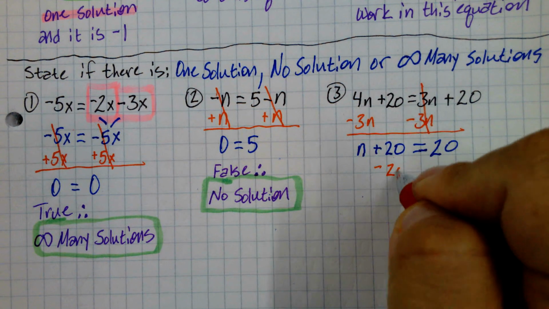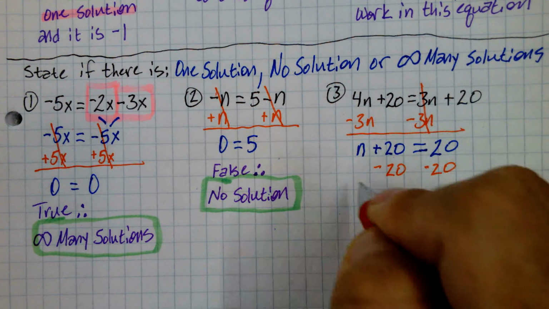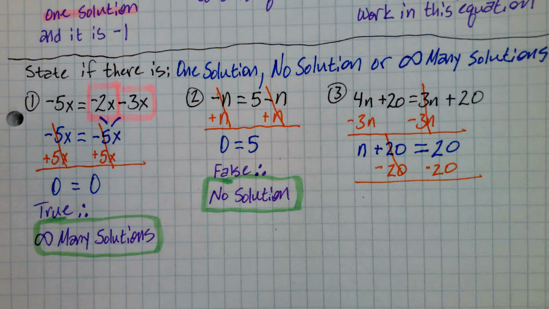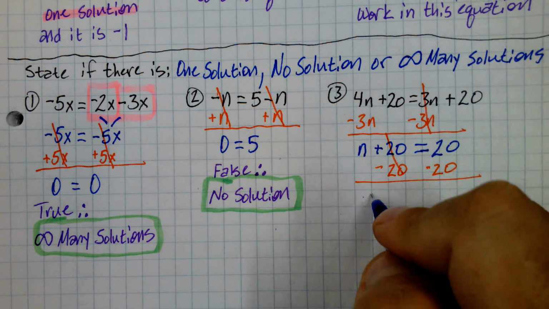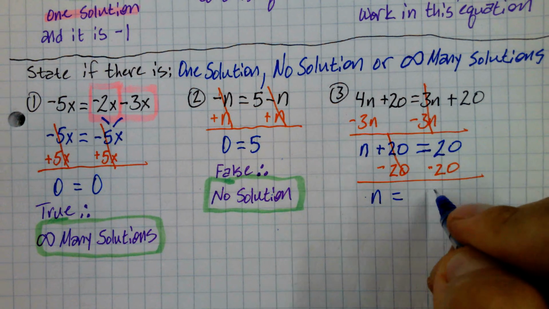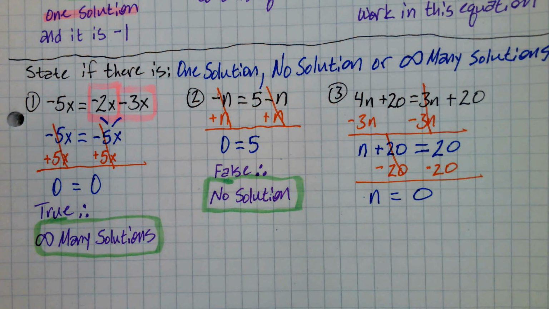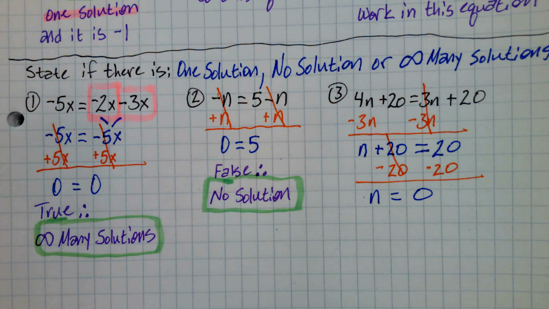So for today, that's all you really got to recognize. I mean, I'll solve it all the way because it's just one step. I end up with one solution, and it's 0. If you can go all the way to solving it to some number, then you got one solution. I could say the solution is 0.